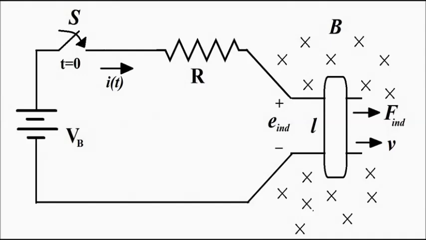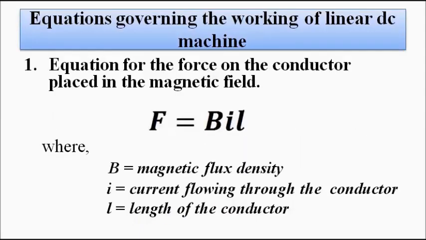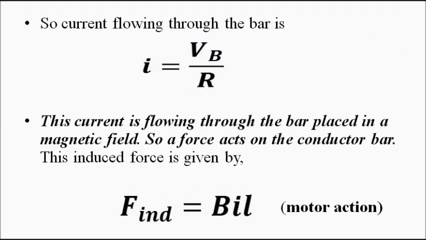So here a current I is flowing through this conductor, which is placed in this magnetic field. Because of that, a force will act on this conductor bar, and this will be given by BIL, which we already discussed as the first equation.